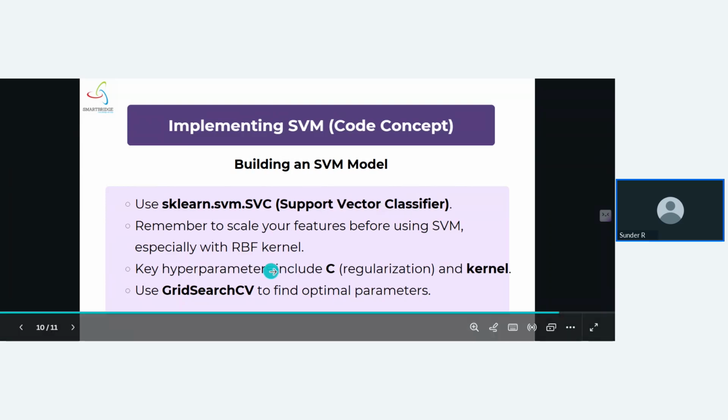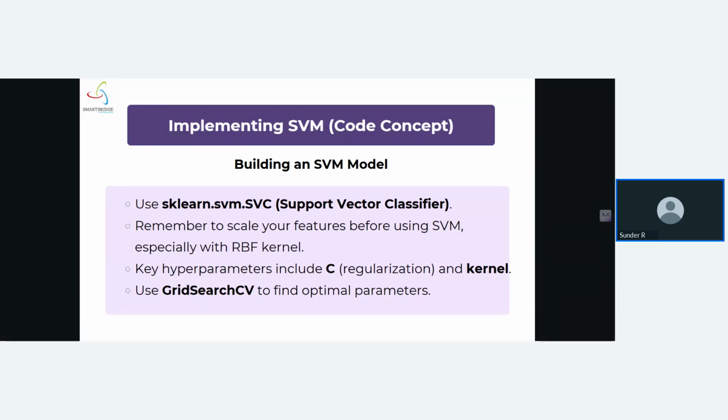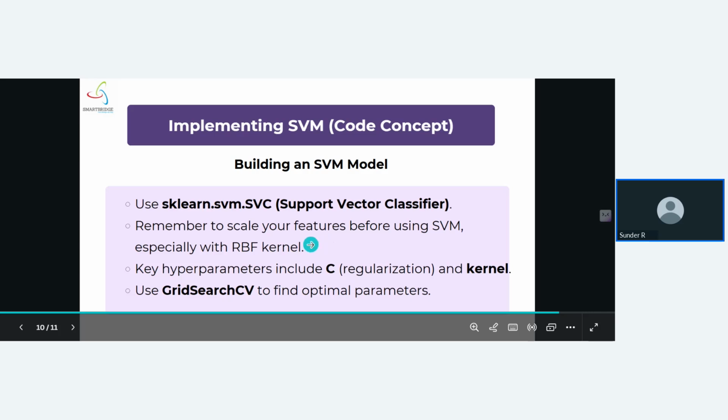Next, we also have to use C, the regularization, and then the kernel. Depending on our data, we have to change the kernel. To do that, we are going to use GridSearchCV. What is GridSearchCV? The parameters we have are C and the kernel.